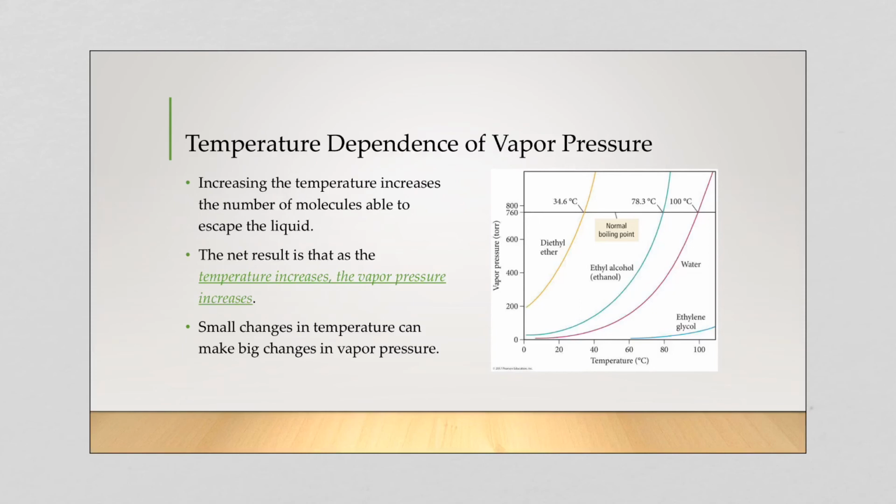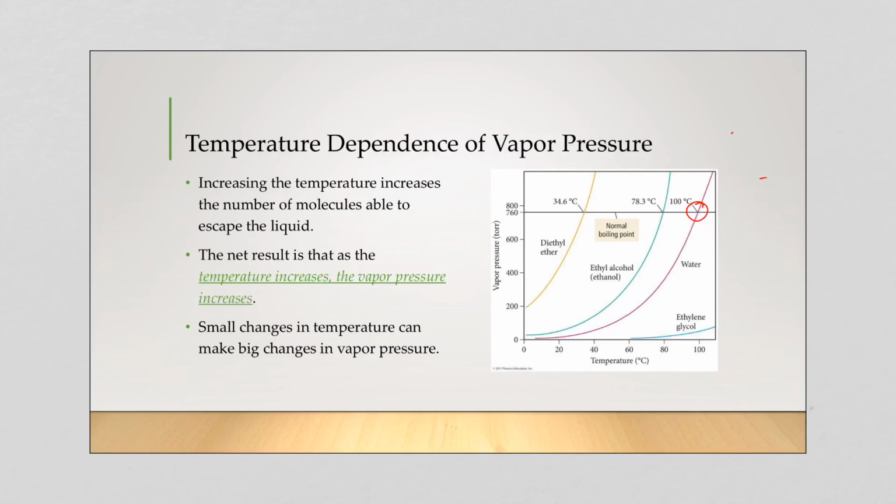So you can see here how the vapor pressure changes from, say, room temperature in water, where you have very little vapor pressure, right? Just a few torr. At boiling point, right? The vapor pressure is way up here. At 1 atmosphere, right?